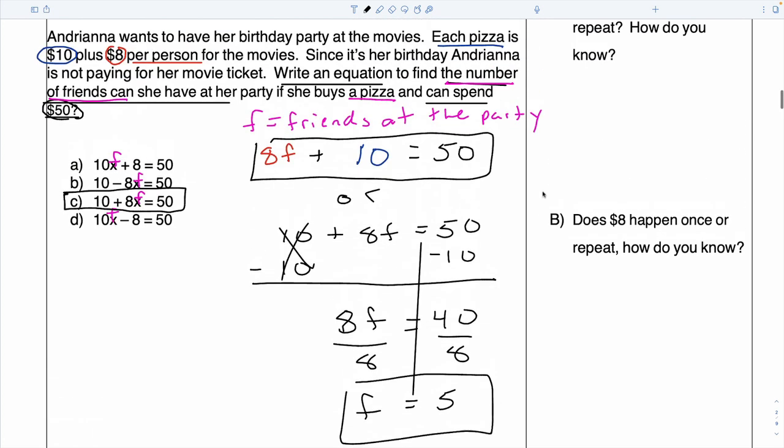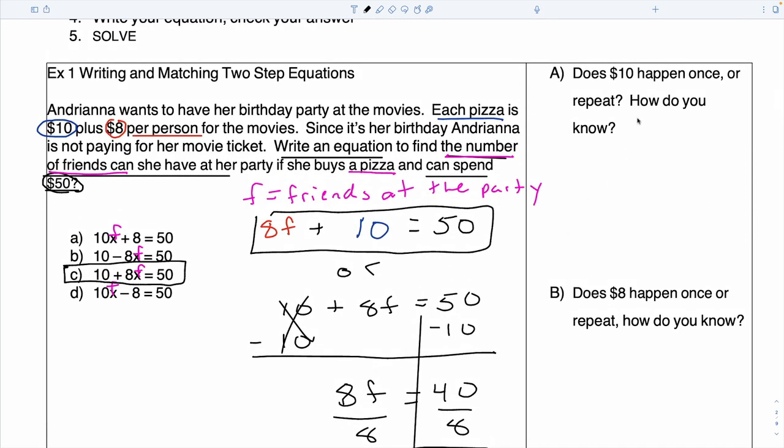That is the number of F. Does 10 happen once or repeat? We're going to say that 10 happens once. Here's your key for today and the big idea. We know it happens once because she bought 1 pizza. It told us that she bought a pizza, not more than 1.